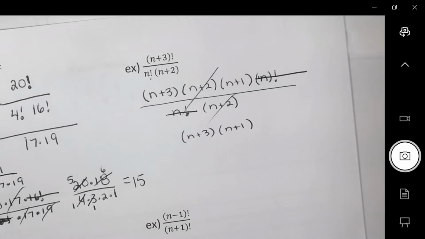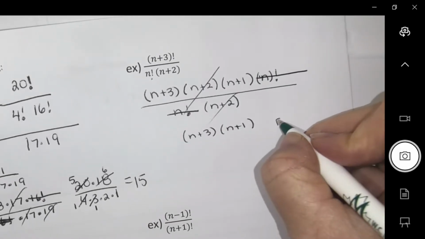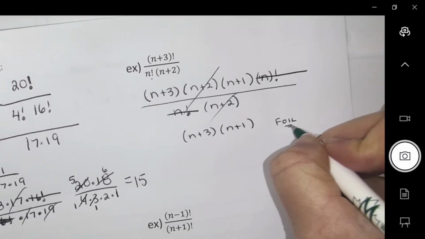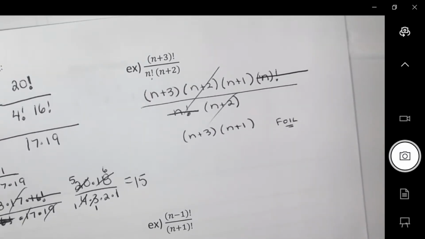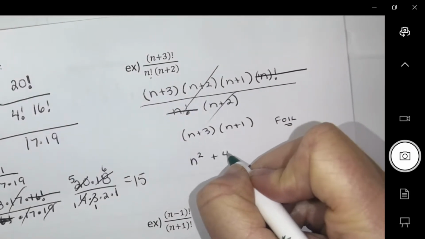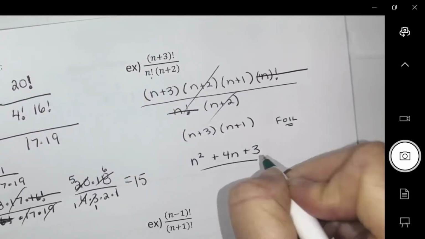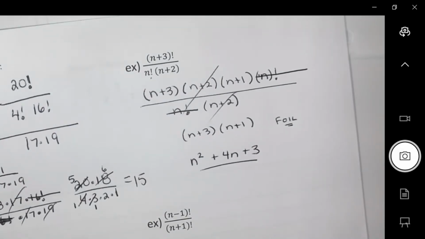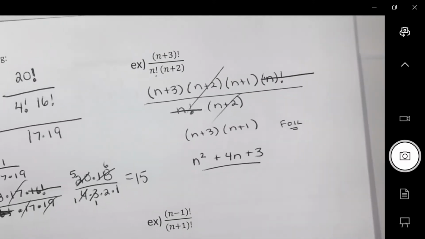What should I do to simplify that? Factor. Opposite of factoring. So I'm going to FOIL it out. N squared plus 4n plus 3. Okay, so the word simplify, that's what that would mean.